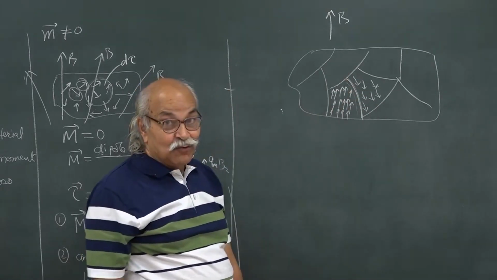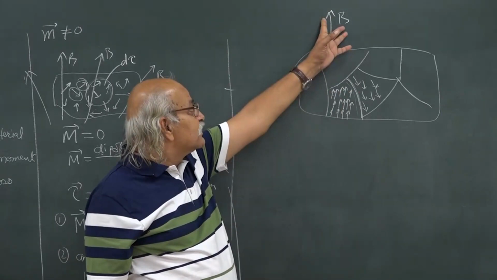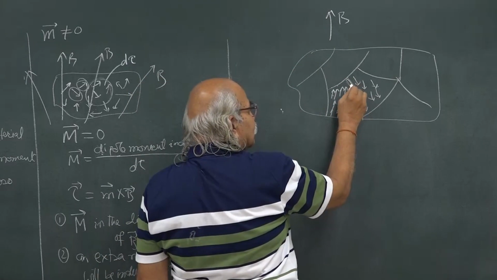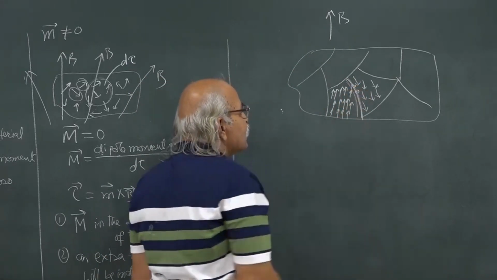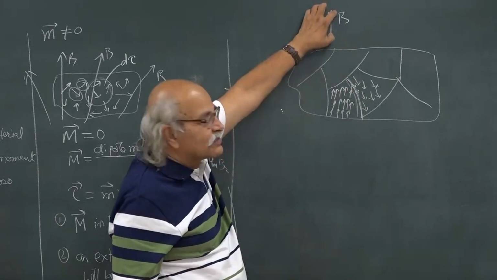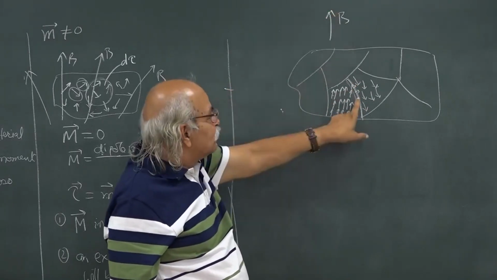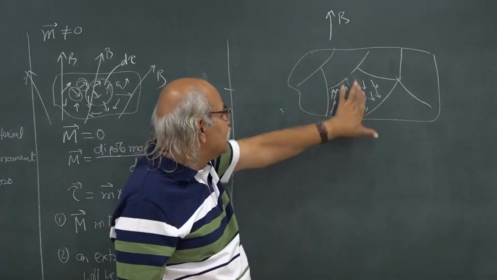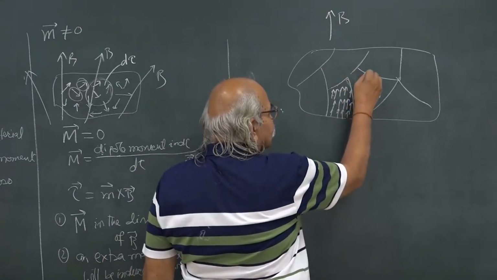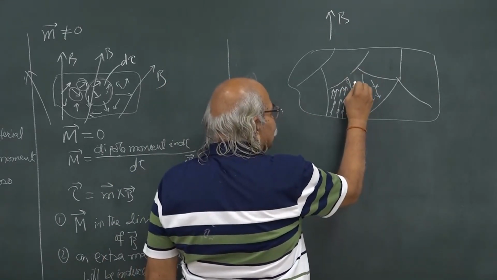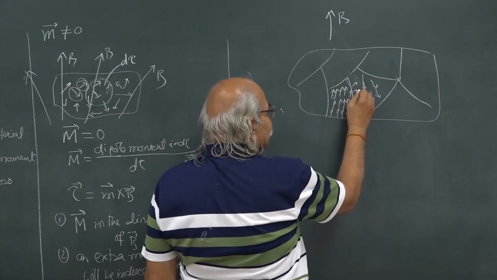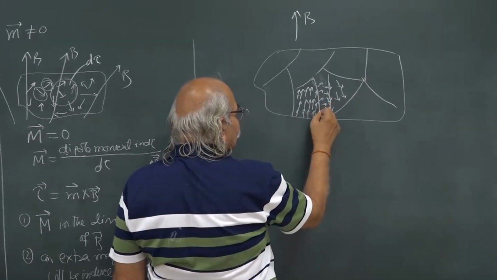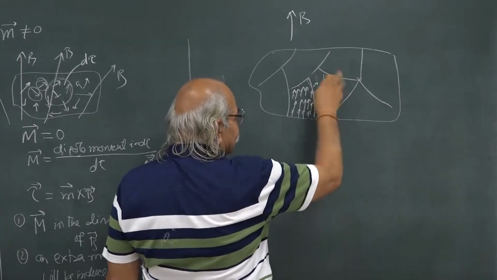What happens? Because of this magnetic field, in the domain wall there were some smooth transitions, and these are oriented by this B. The magnetic moments which are close to this domain wall are gradually changing. Let me expand the domain wall a little bit: it is this way, this way, this way, and it turns.